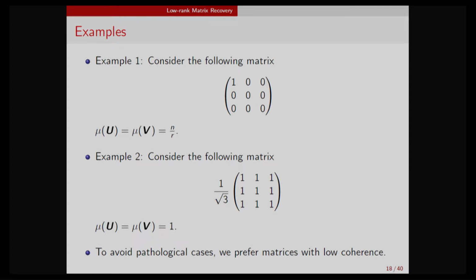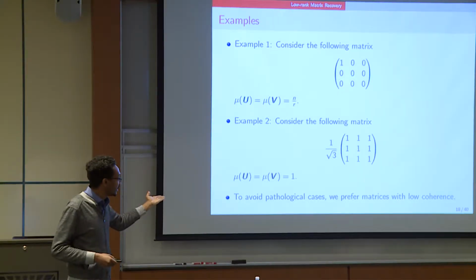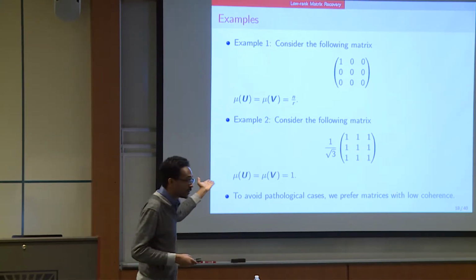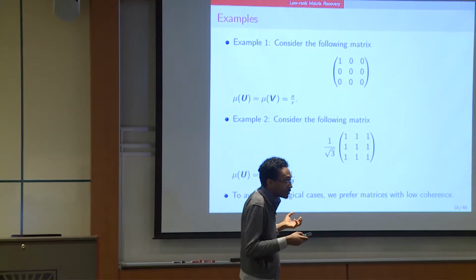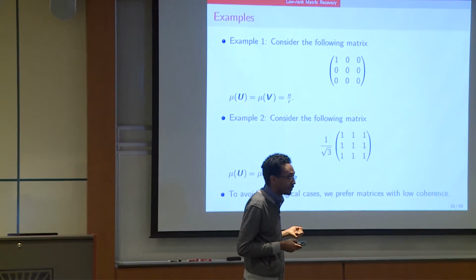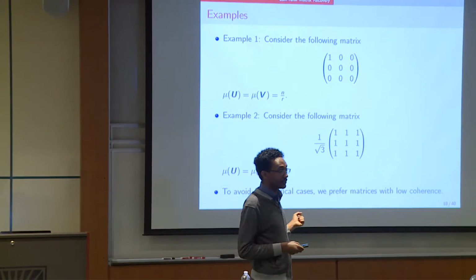Okay? Meaning that the information is really, really concentrated on a single entry in this case, right? The second example, if you consider this matrix, the coherence is the smallest. And one way to interpret this is to say that every entry is giving me equal information in some sense. So we prefer matrices with low coherence. Okay?